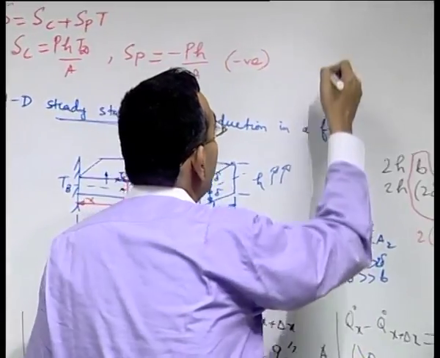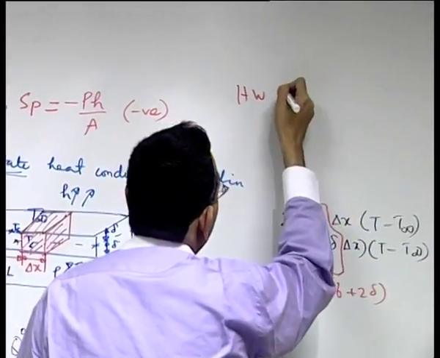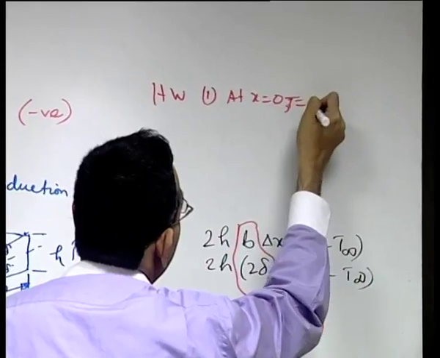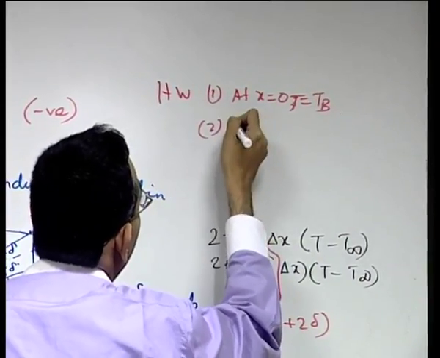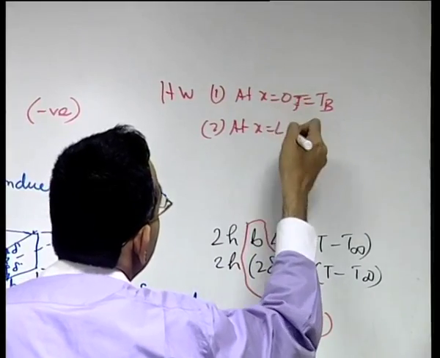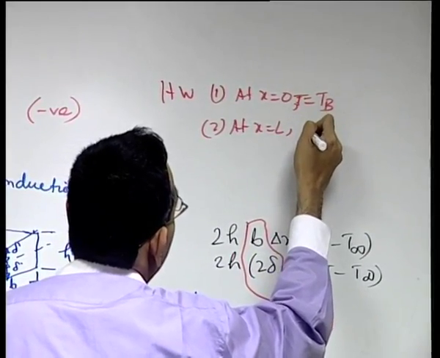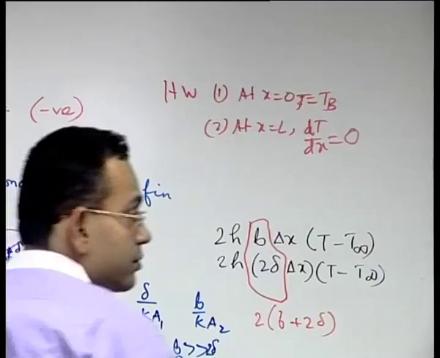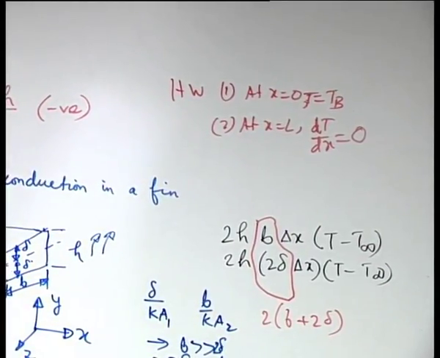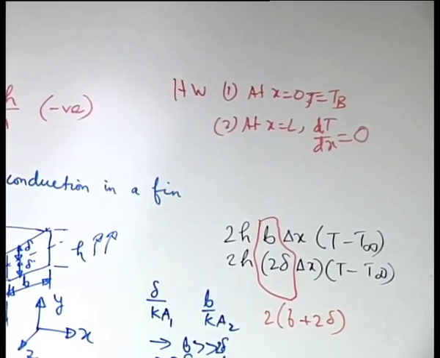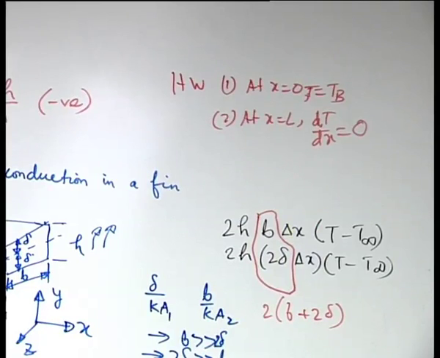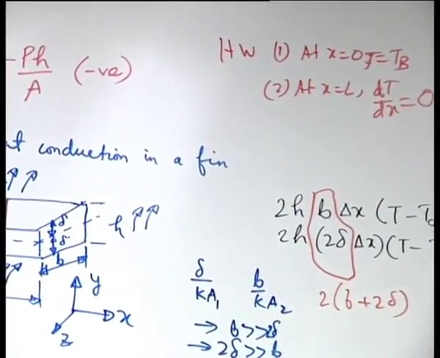So, this I leave to you as homework, that at x equal to 0 you have T equal to the base temperature, at x equal to L you have dT dx equal to 0. So, using these boundary conditions you assume suitable numerical data as per your choice and obtain the temperature distribution along the fin.